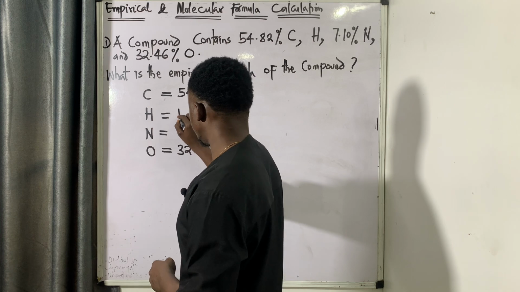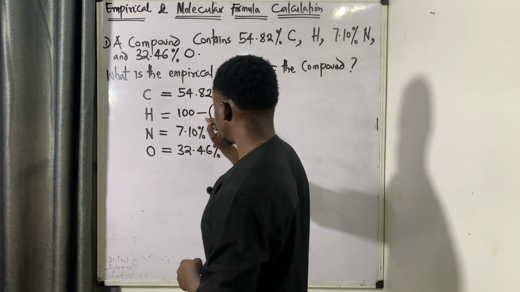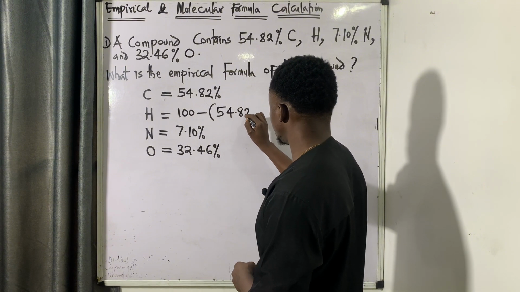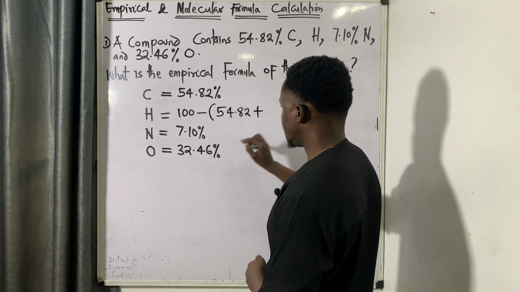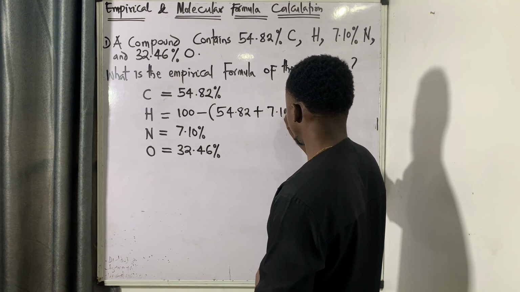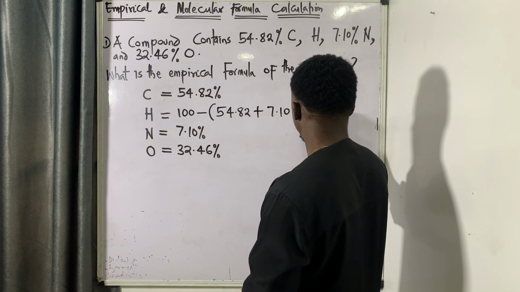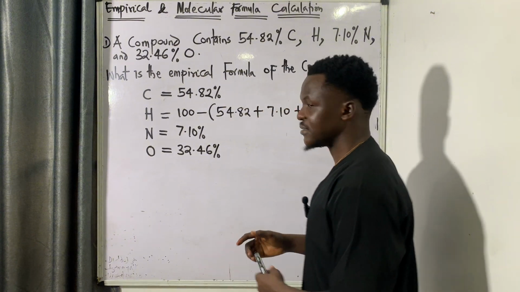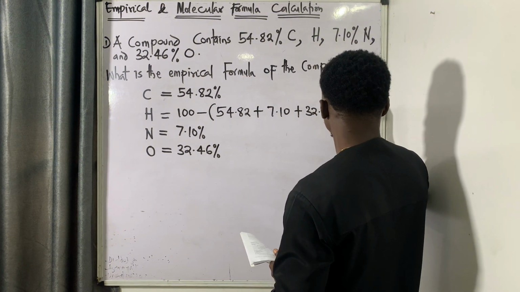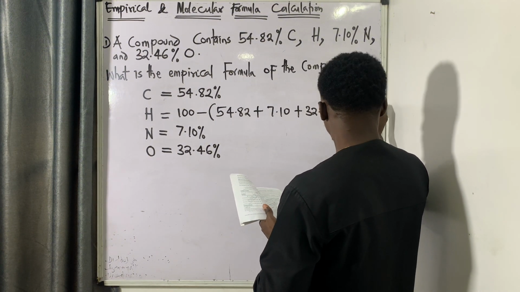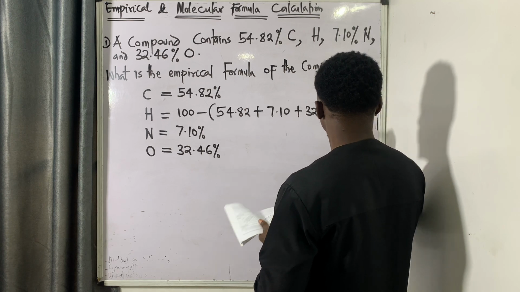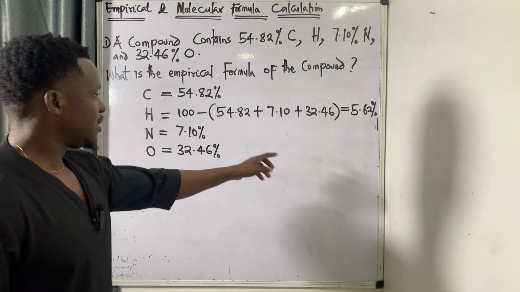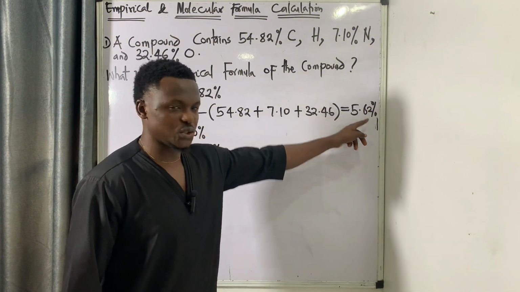So hydrogen is going to be 100 minus that of carbon is 54.82 plus that of nitrogen is 7.10 plus that of oxygen is 32.46. Now the answer here becomes 5.62%.